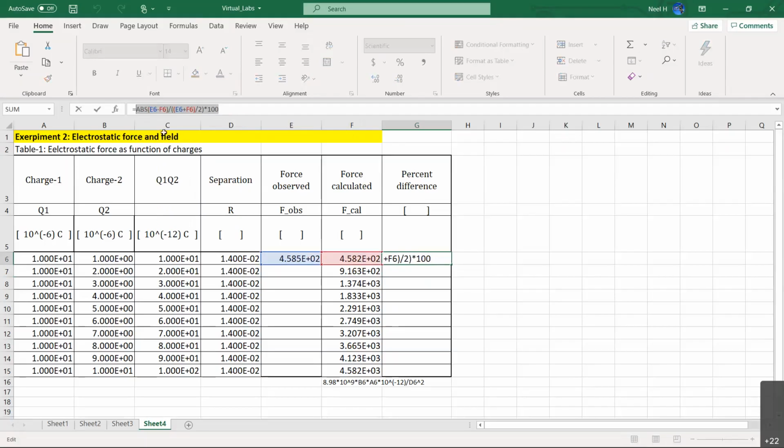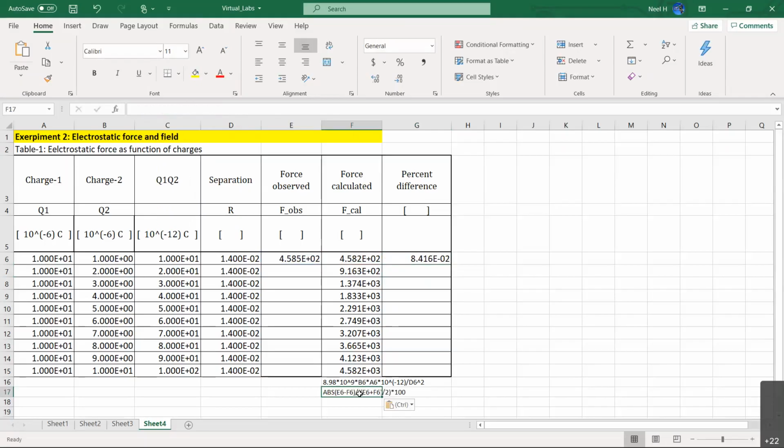ABS is actually just to get the positive number. I will leave it here. This function is for the force calculated, and the second one is the percentage difference. Both functions you can see just below the table.